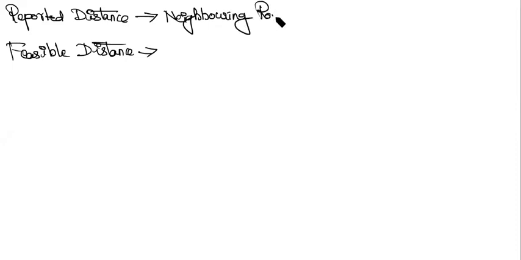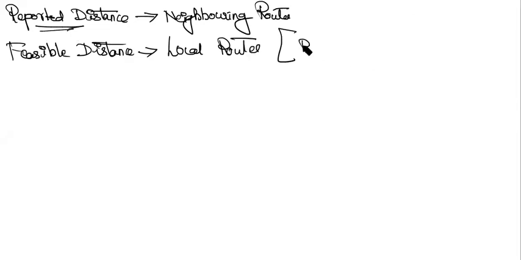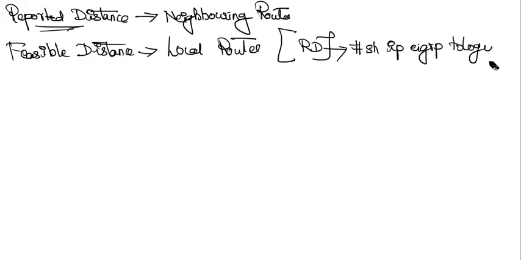Whereas feasible distance is the metric for a route from the local router, and this includes the reported distance. And you can find this using the command show ip eigrp topology.